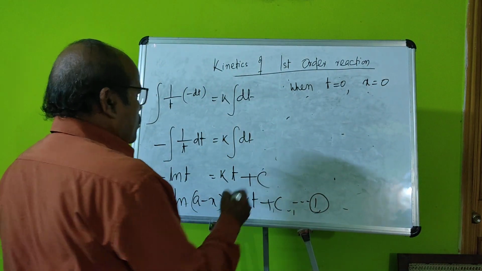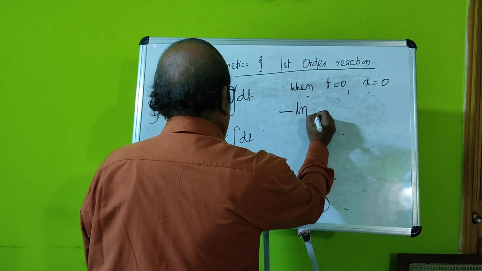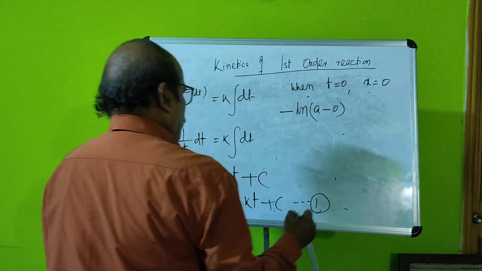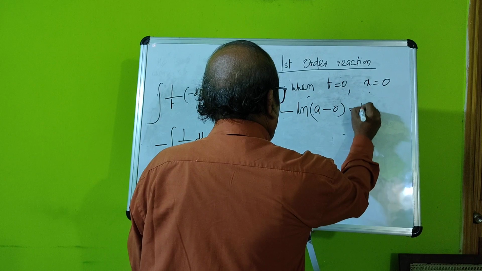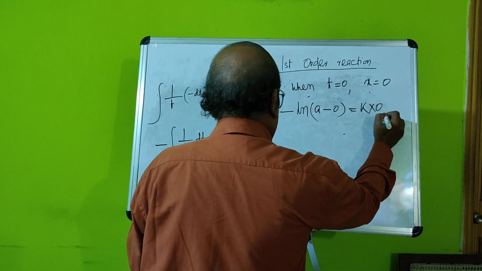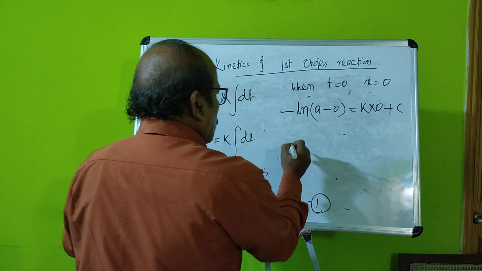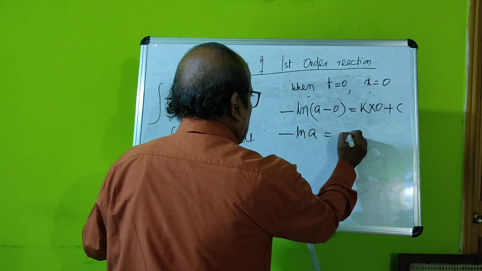Putting these two values, minus ln a minus 0 is equal to k into 0 plus c. So minus ln a is equal to c.